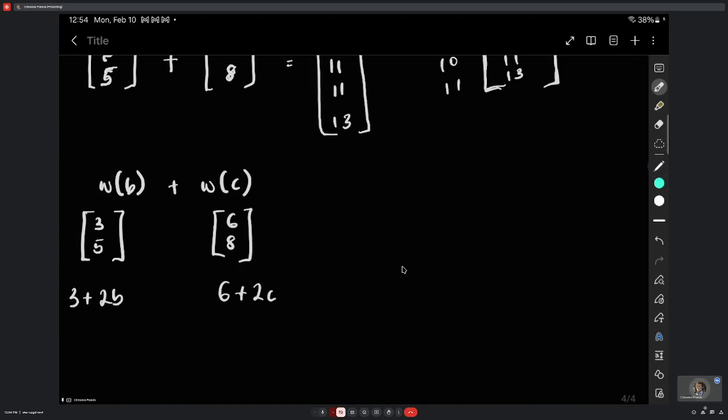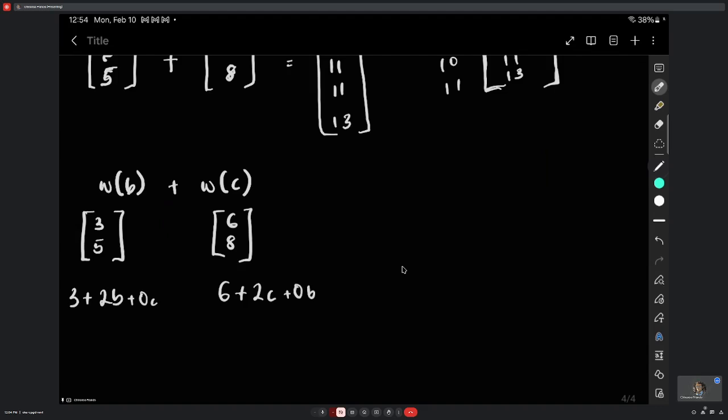So one way we can add a new variable is by adding 0. For this b, you can do plus 0c. And for this c, we can do plus 0b.